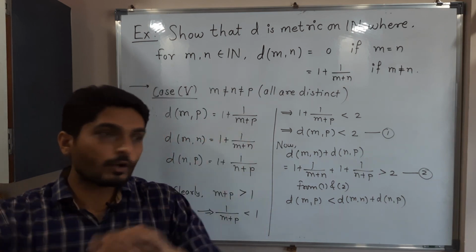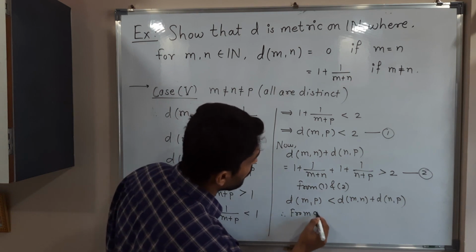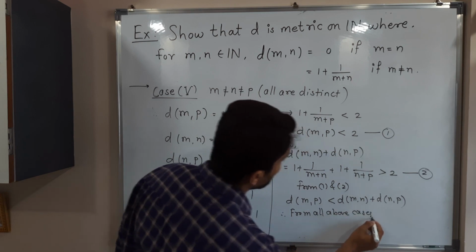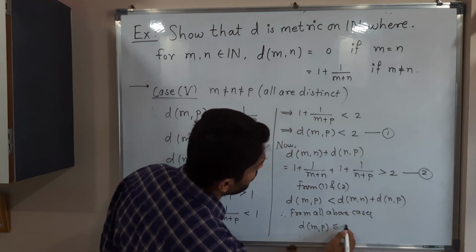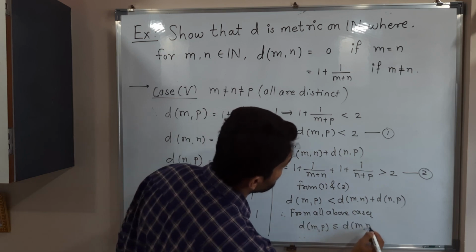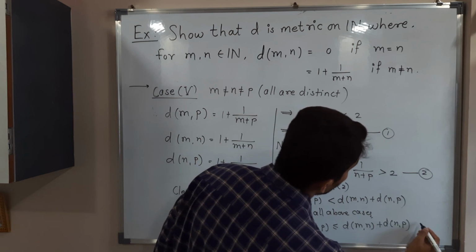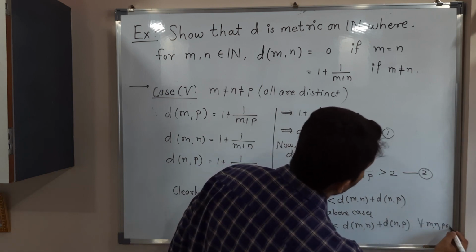So if you consider all the above cases, we come to the conclusion that d of mp is less than or equal to d of mn plus d of np. I am saying less than or equal to since in some cases we get equality, in some cases we get strict inequality. So this is true for all m and p belonging to the set of natural numbers.